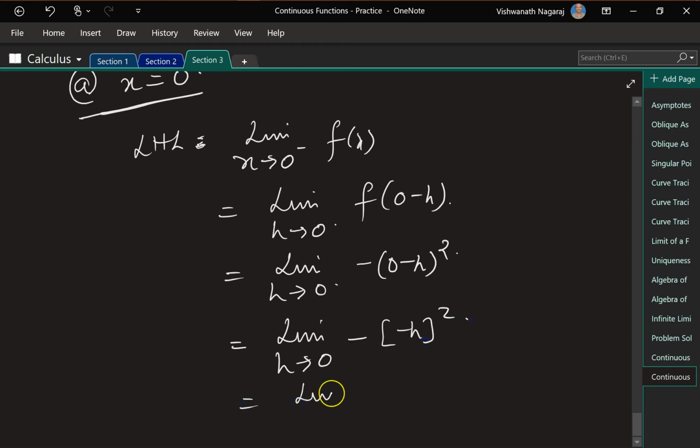Actually we don't have to do all these things. Directly we can say it goes to 0.